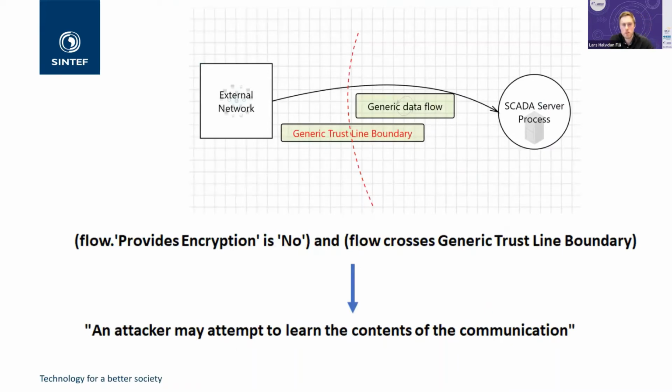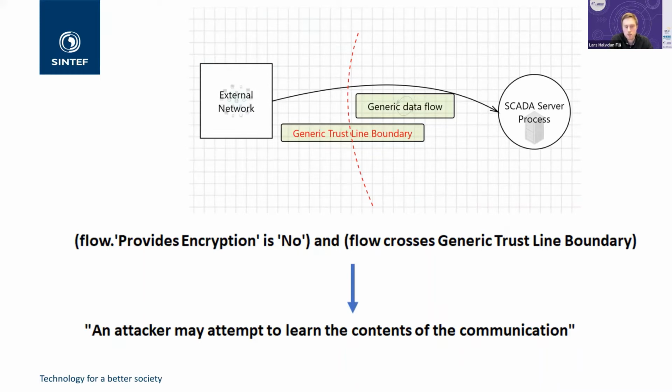Now, I'll also say something about the threat generation, which is a key part of the template. So threats are generated by considering instances of a source, a flow, and a target. In this example, we have an external network, which is communicating with a SCADA server. And then in the creation of the template, the creator is free to assign certain properties to these elements.